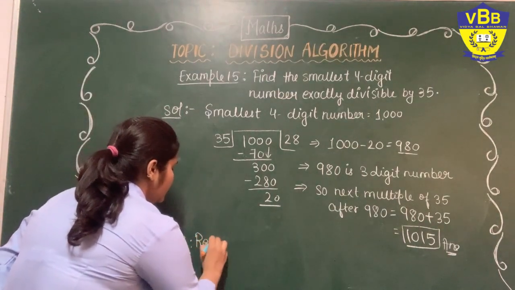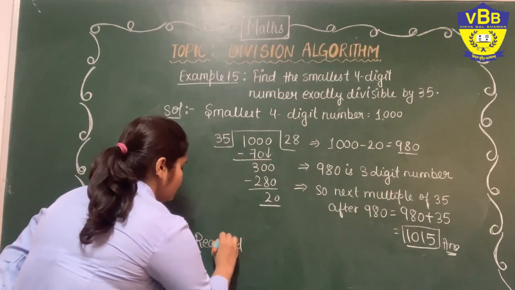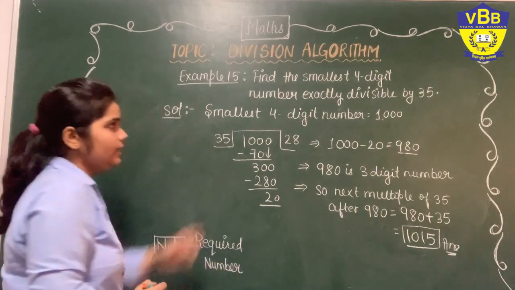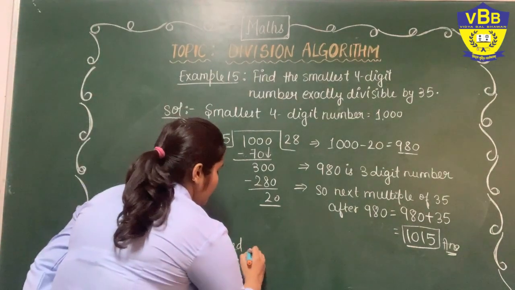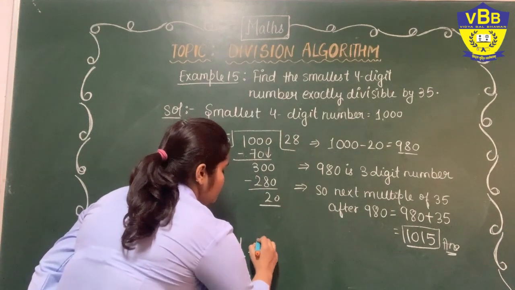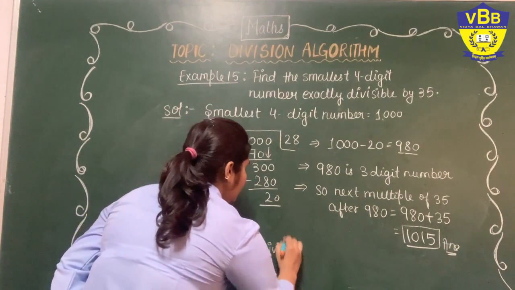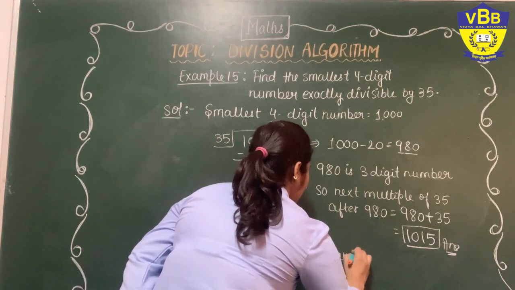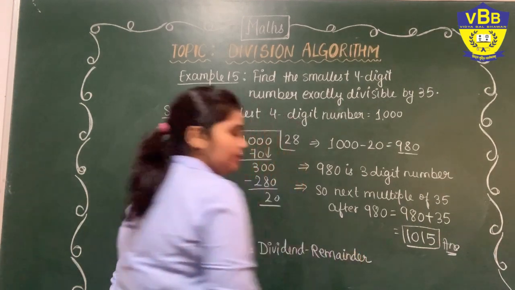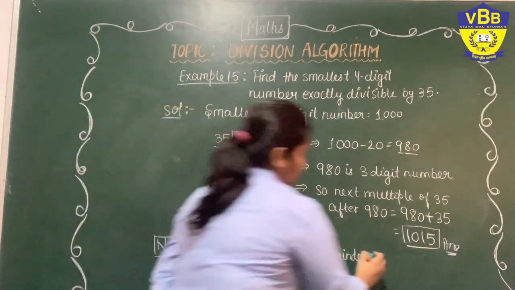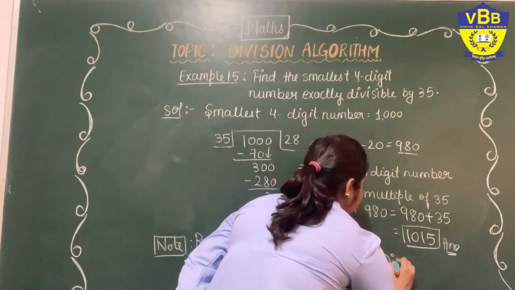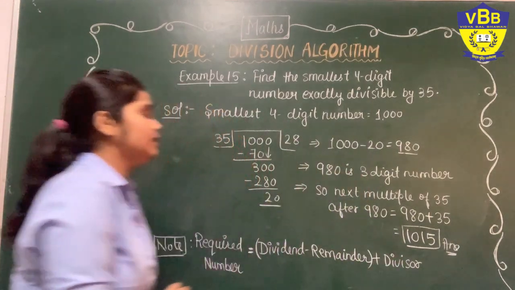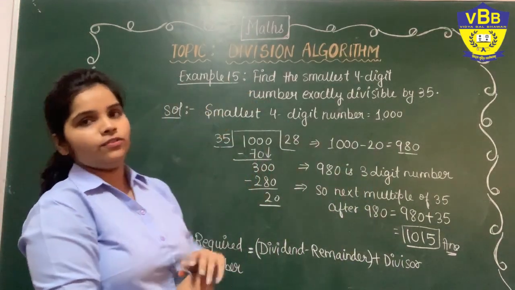We can find the required number in these types of questions by dividend minus remainder plus the divisor.